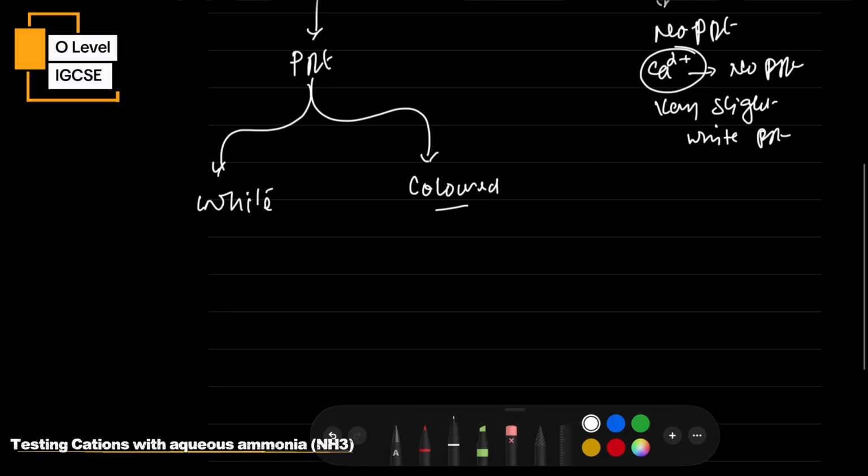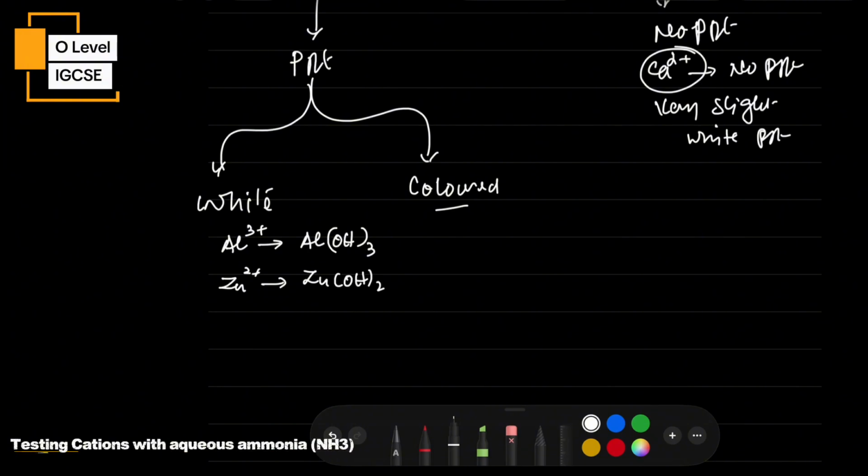Now the remaining non-transition metal ions are over here. Aluminium 3 positive ion will make aluminium hydroxide in a few drops, and the same is the case with zinc 2 positive ion, which will make zinc hydroxide as a white precipitate. So these are the formulae of these precipitates, these solids. So upon addition of a small amount of aqueous ammonia, two white precipitates are initially formed.